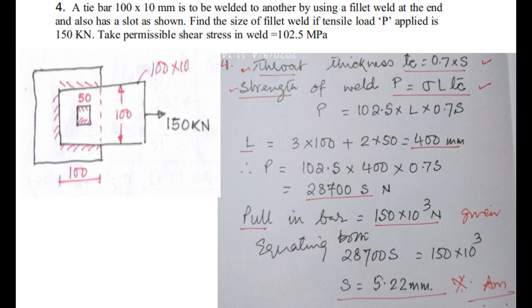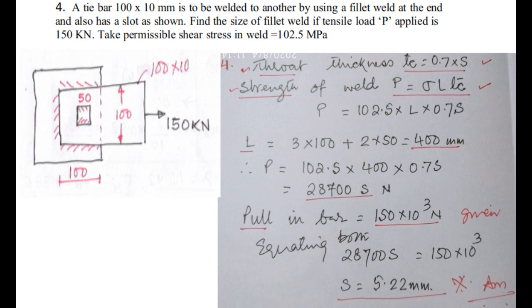Now what is P? The expression is sigma L TC. The sigma value we know, the L value we have just found, and TC also we know, 0.7 into S. Here in this question the size of the weld is not given, that we have to find, so that is S. Now let us look at the question.